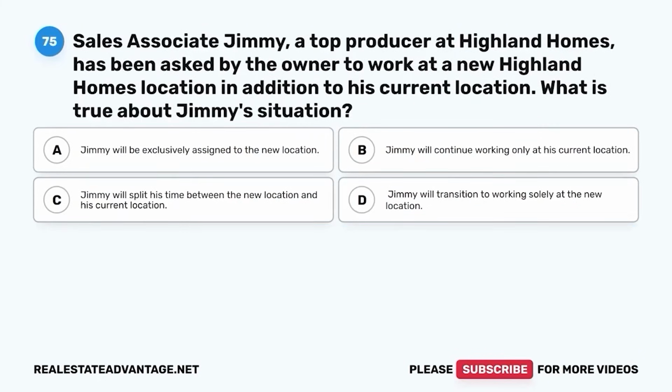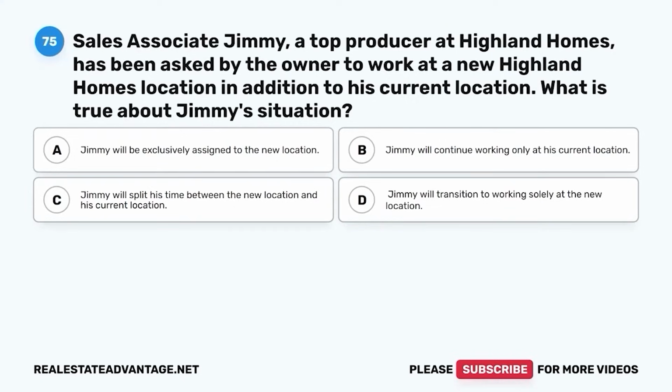Question 75. Sales associate Jimmy, a top producer at Highland Homes, has been asked by the owner to work at a new Highland Homes location in addition to his current location. What is true about Jimmy's situation? A. Jimmy will be exclusively assigned to the new location. B. Jimmy will continue working only at his current location.